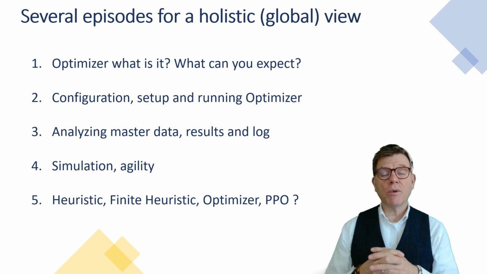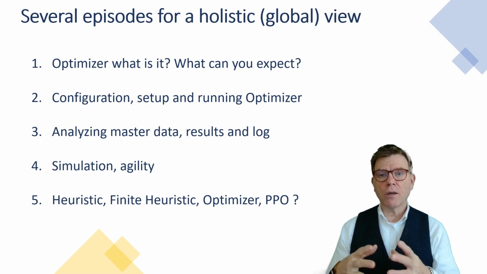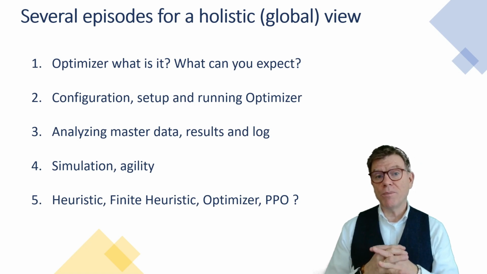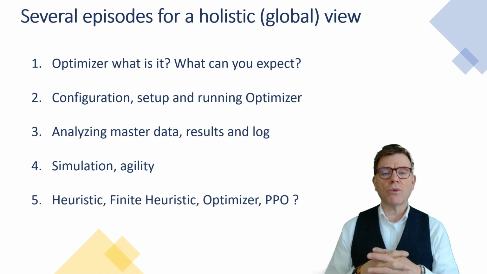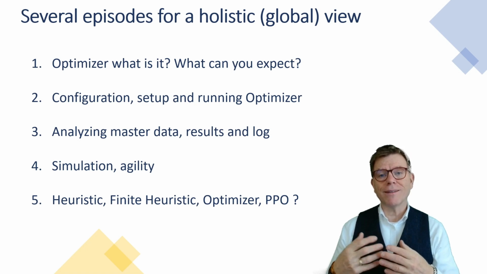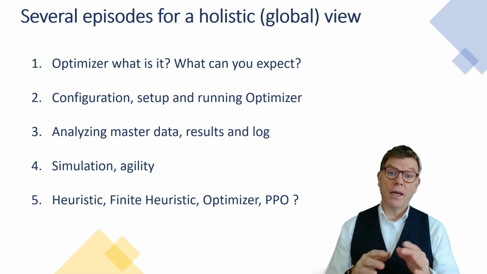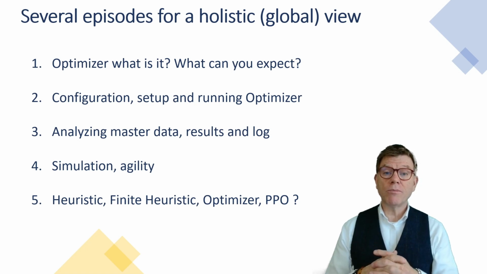Second episode will be about the configuration for you guys, consultants like me: how to set it up and make it work. Episode 3 is more about the business side, how to use it to operate the optimizer, and in particular the master data input, the cost input, and later the result. Part 4 will be about simulation and agility.